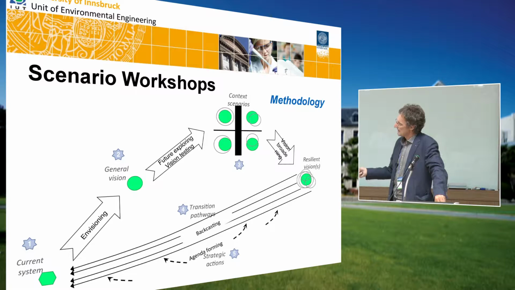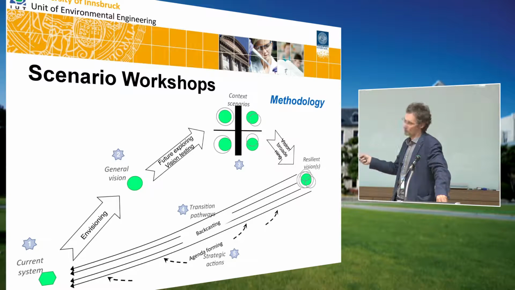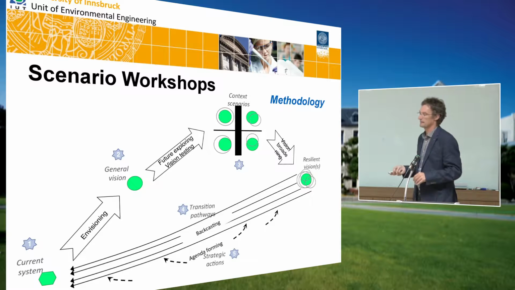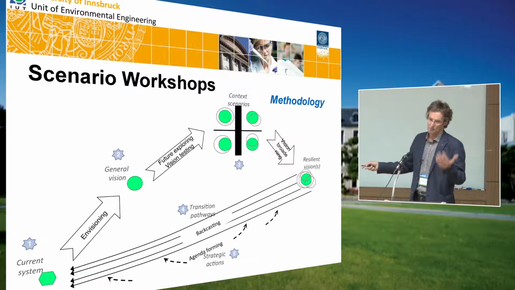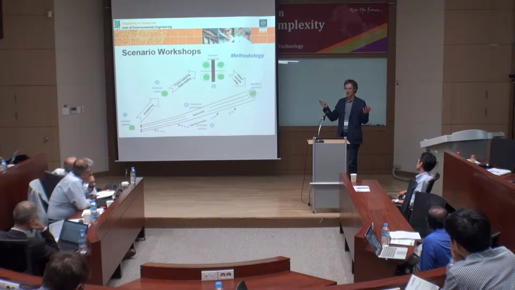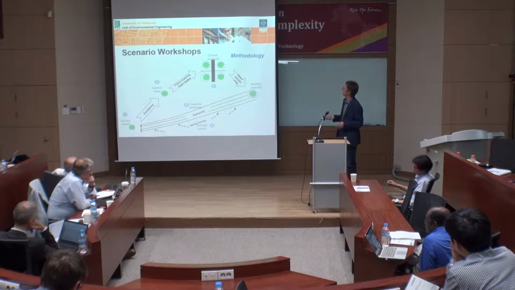The key is that we start from our current system and envision how a future system could look like. And that is a detailed process. We don't have to deal with it in detail now, but it's a process where you need to gather a number of stakeholders. You need to have certain scenarios which you test all your theories with. And once you know where you want to end up, or where you're likely to end up with which kind of technologies you're implementing, you can then backcast this and point out the transition pathways which then go back into the model.